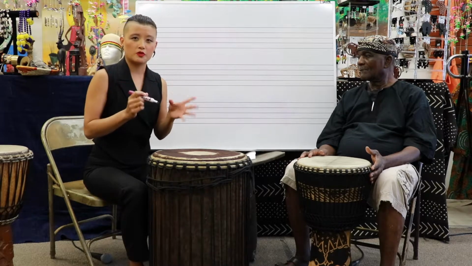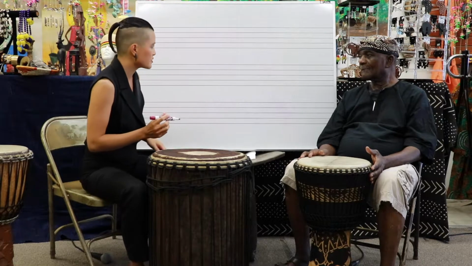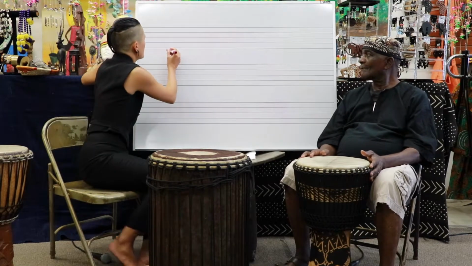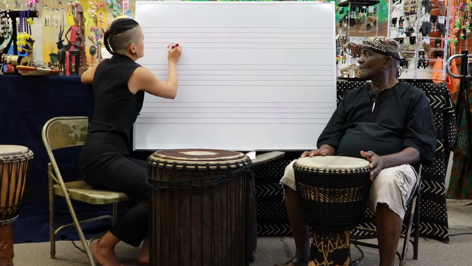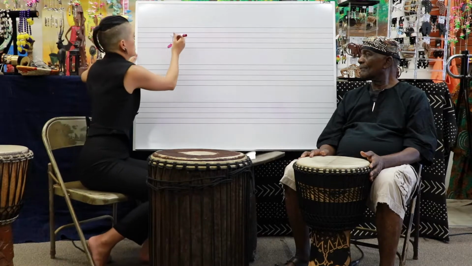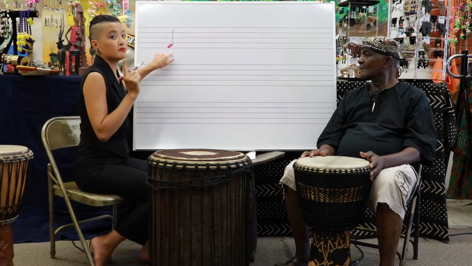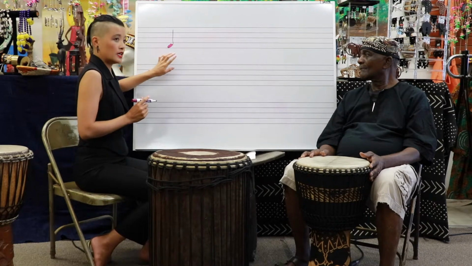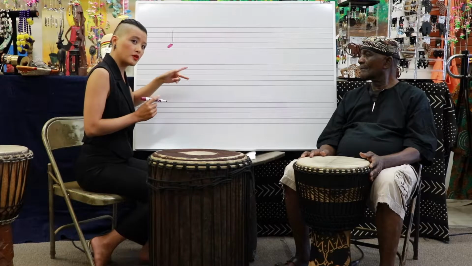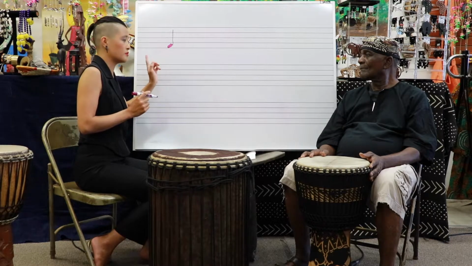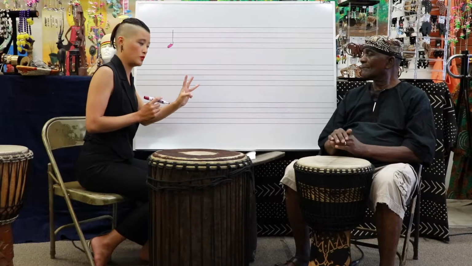Here, let's review how triplets look. This is your quarter note value, and this gets one beat. Now usually we have two eighth notes that can fit into this value, but with triplets we get three.